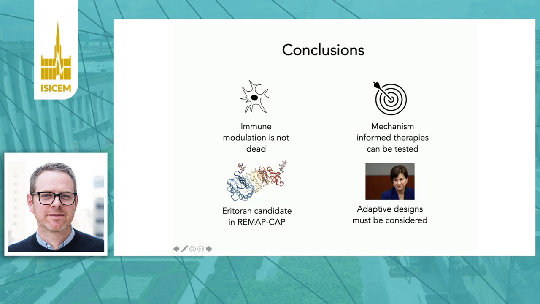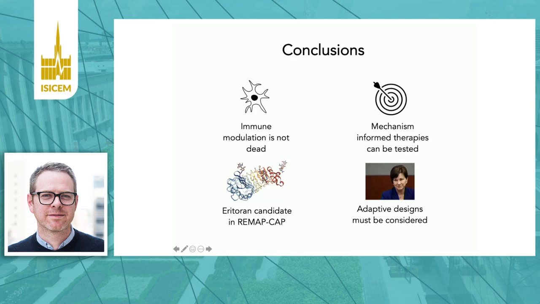So I guess to just wrap up and conclude this very brief discussion of the TLR4 mechanism as a therapy for COVID, I would say that in general, immune modulation is not dead. The RECOVERY and REMAP-CAP trials, the Brazilian trials, have not stopped our pandemic science. In fact, it's prompted us to think about many more questions other than just that brief period in which the patient may be receiving steroids.